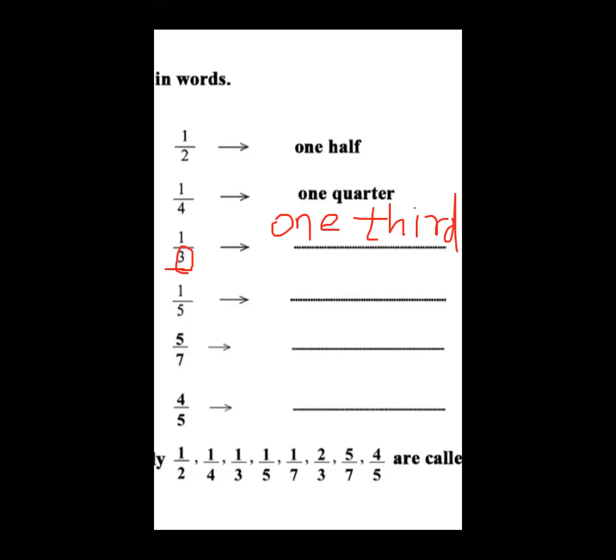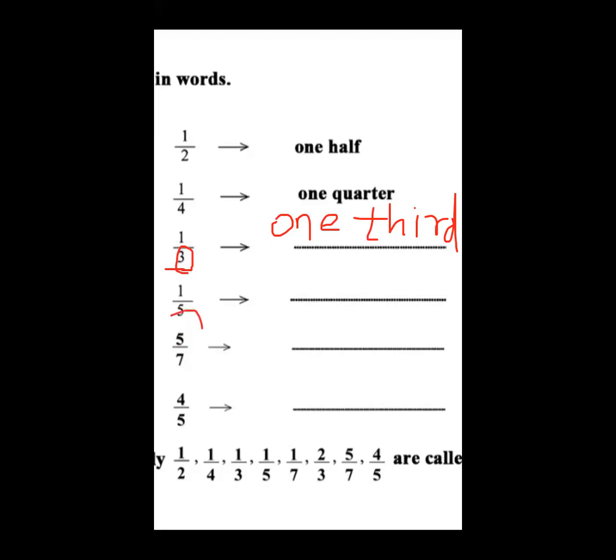When the upper part is always 1, we write 1/3, 1/4, 1/5 like that. But when the upper part is more than 1, like 2, 3, 4, 5, 6, you have to write like this.